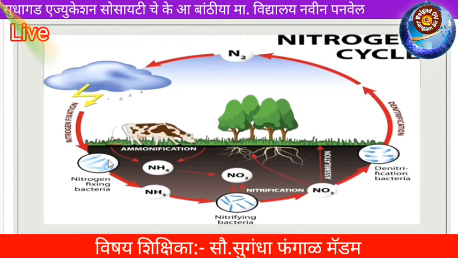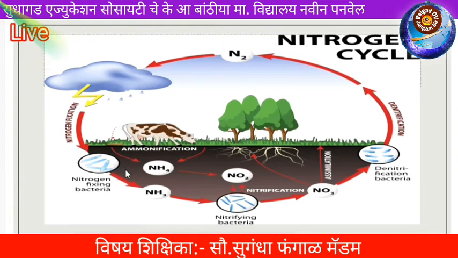The nitrogen-fixing bacteria present in the root nodules of leguminous plants convert atmospheric nitrogen into ammonia.